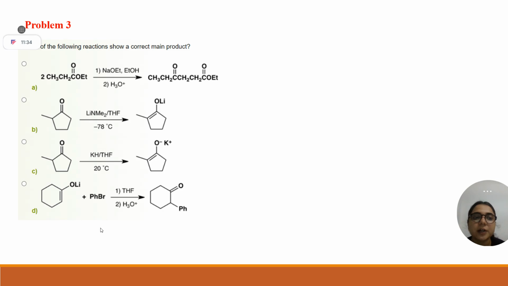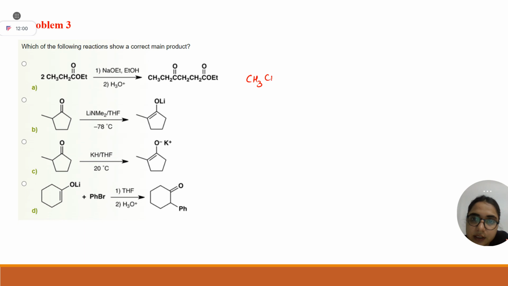Okay. What about this question? It is asking which of the following reactions shows a correct main product? So in first option, is it correct product? Before solving, tell me the name of reaction, then tell me mechanism. I am also solving, you please start solving with me.